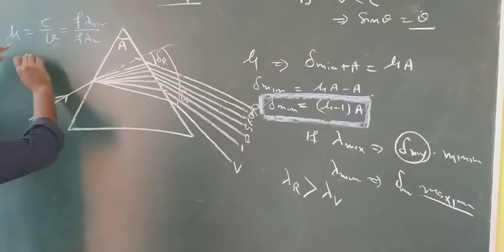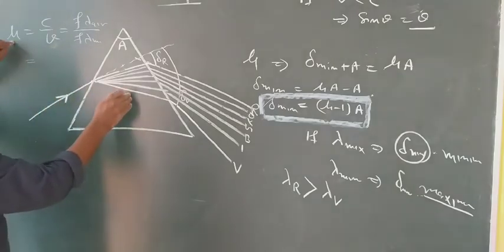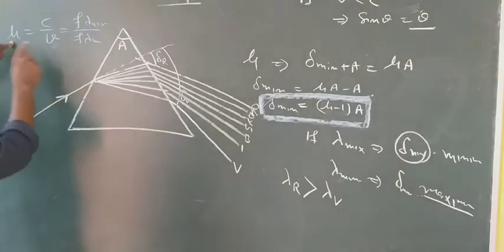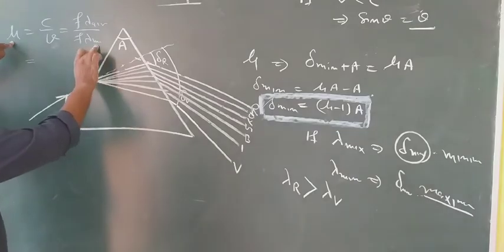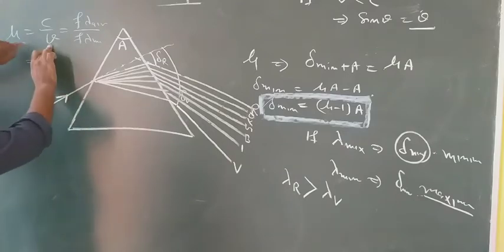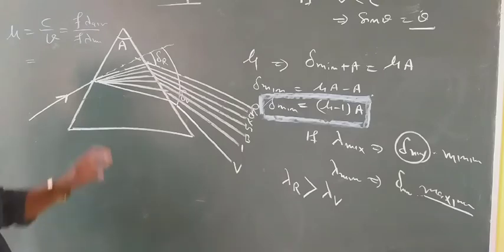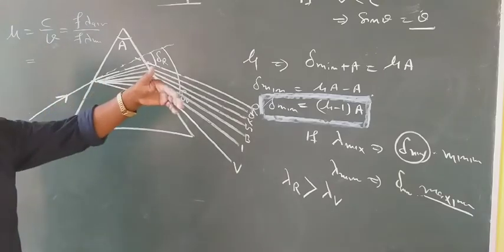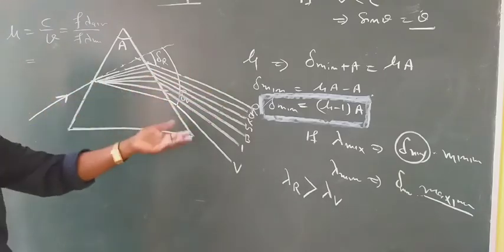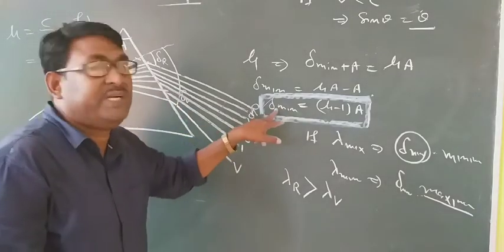So mu is the same for this prism, while this will vary according to wavelength. Different wavelength means this magnitude will be different, and hence velocity will be different. Different colors have different wavelength, so they will travel with different speed through this prism, and hence they will suffer different deviation.